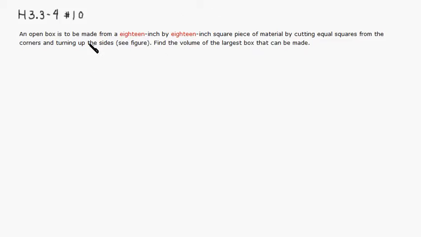All right, so the volume can be written as V is equal to... The box is going to look like this. You have an open box. Then it has a square bottom, so it's 18 inches, so 18 minus 2x times 18 minus 2x, and the height is going to be x.